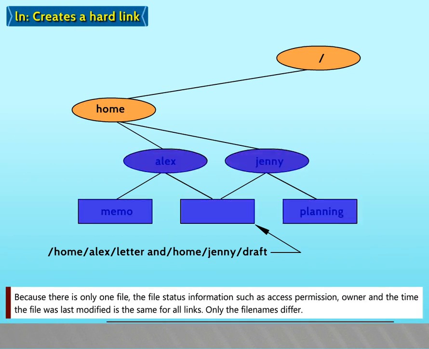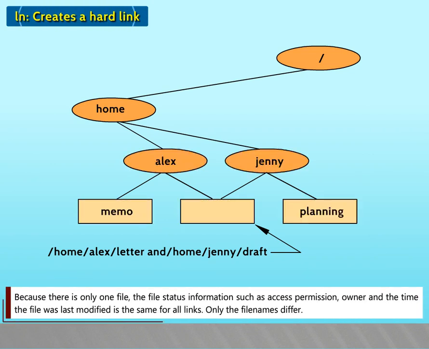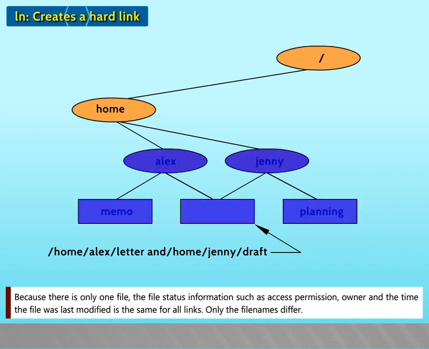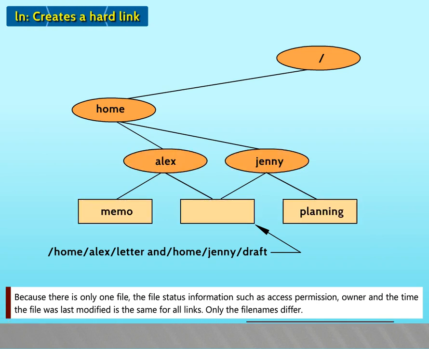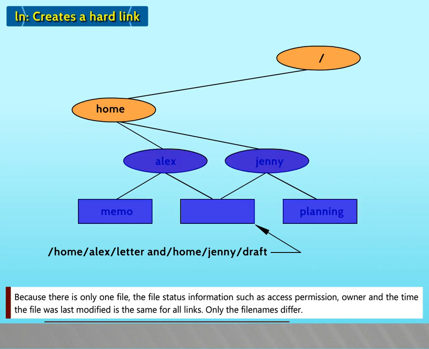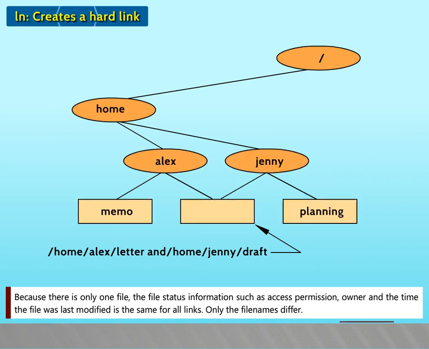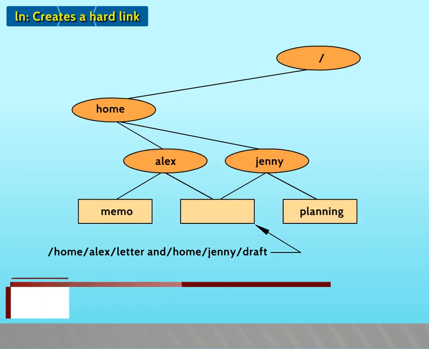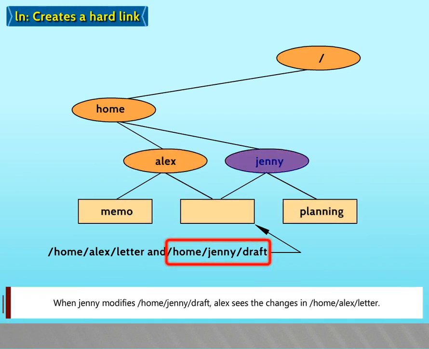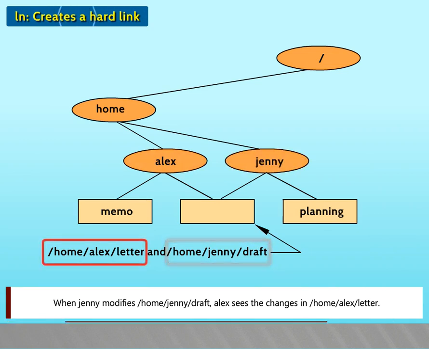Because there is only one file, the file status information such as access permission, owner and the time the file was last modified is the same for all links. Only the file names differ. When Jenny modifies /home/jenny/draft, Alex sees the changes in /home/alex/letter.